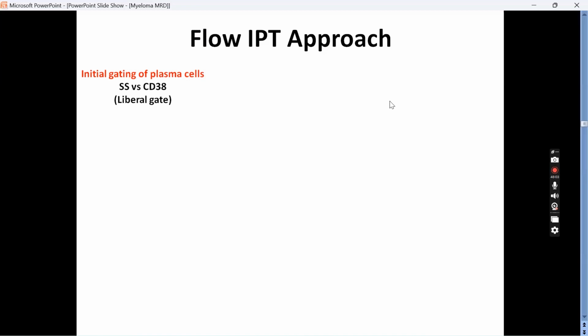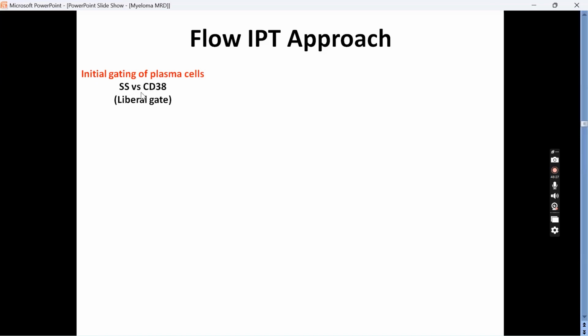But the utility of MRD in myeloma is established only in NGF, which is next generation flow cytometry or high sensitivity flow cytometry. Analysis-wise, conventional and NGF are the same, but you need the system configuration to handle that data. Still, we'll check how we approach detecting MRD.